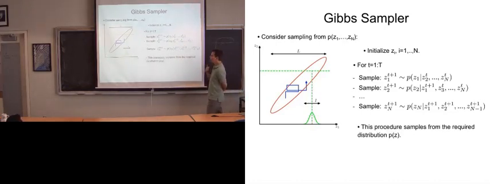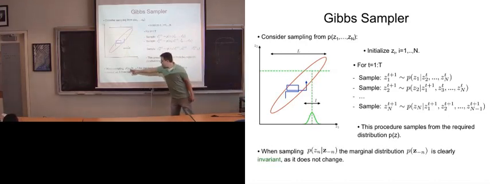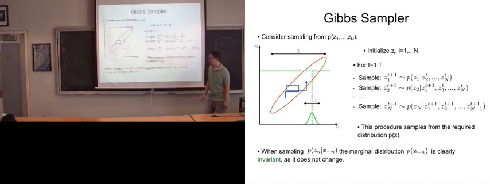The key assumption here is that you can sample from these conditionals. It might be difficult to sample from the full joint, but easy to sample from the conditionals. This procedure produces a sample from the required distribution P(Z), so it leaves P(Z) invariant. When you sample Z_n given all the other variables, the marginal distribution of the other variables remains invariant, clearly, because it doesn't change.